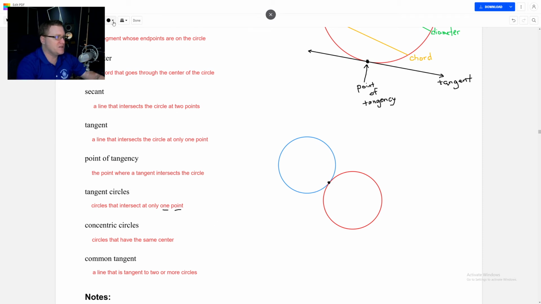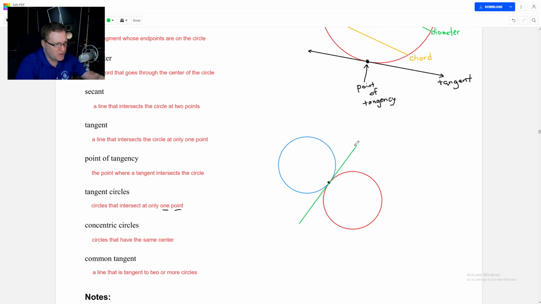And we can see that they're tangent if I draw a line here. Let me make it green. If I draw a line right here, this is a line, not a line segment, so I need to put arrows on the end of it.